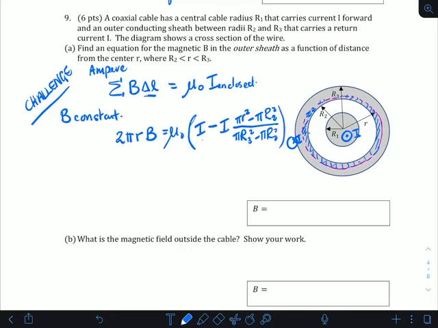We can do some simplifications right here because some things cancel.